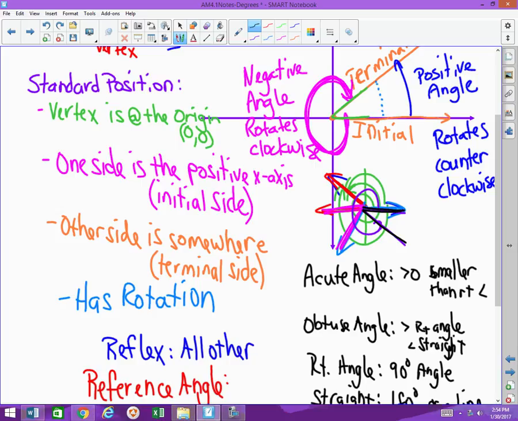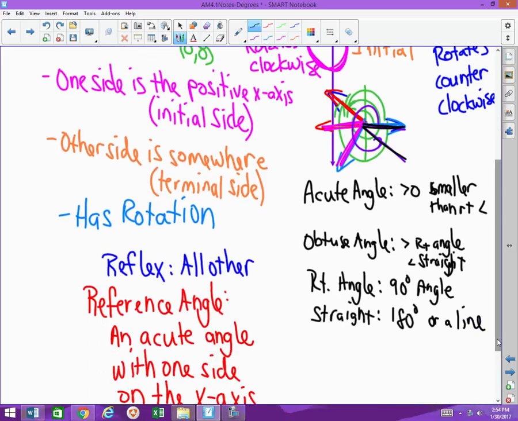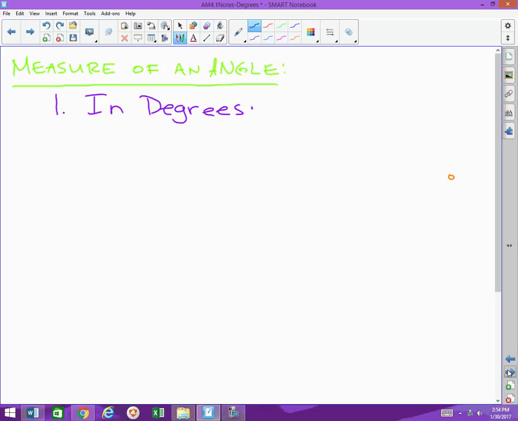All right, so we kind of started talking about it here with these definitions of acute and obtuse because we talked 90 degrees and 180 degrees. So there are ways that you can measure an angle, and one way is in degrees. With degrees, 1 degree is 1/360th of a complete revolution.